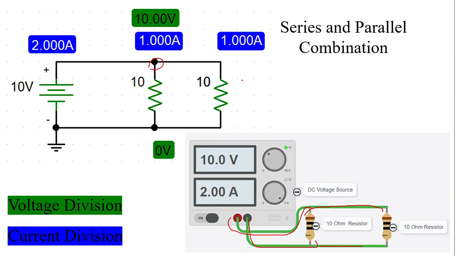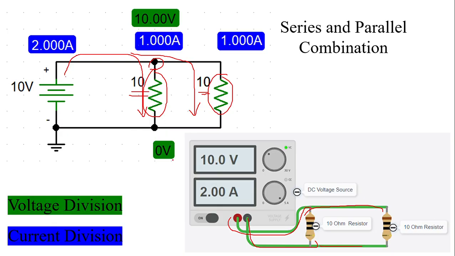One interesting thing is, if components are in parallel, current gets divided. So of this 2 amperes, 1 ampere of current will flow through this, and the remaining 1 ampere will flow through this, right? Here the values of the resistors are the same, so the current flowing through both branches is also the same. But both are connected to 10 volts, so the voltage drop across the first 10 ohm resistor and the second 10 ohm resistor are the same.